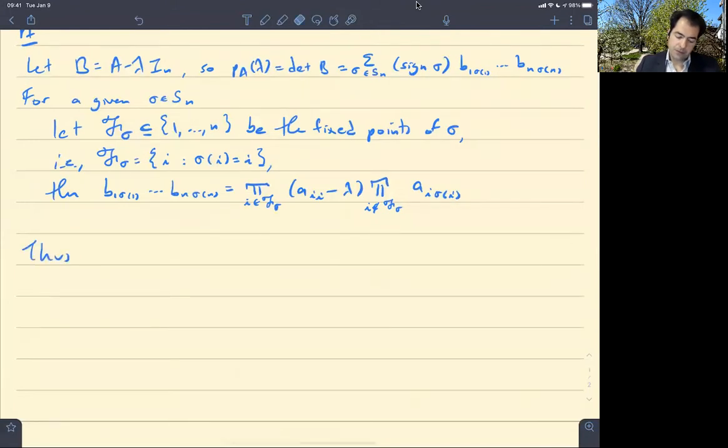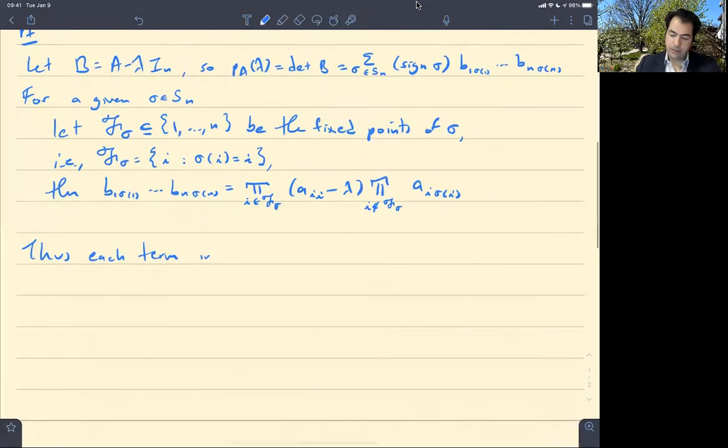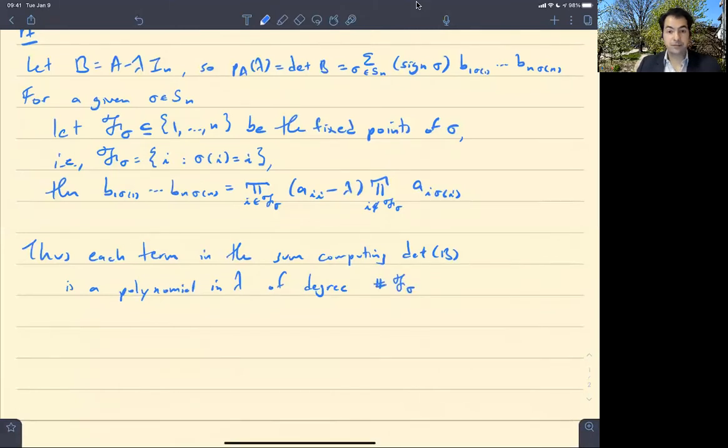Thus, each term in the sum computing the determinant of B is a polynomial in lambda of degree equal to the number of elements in F sigma.